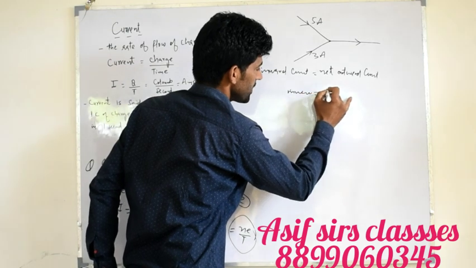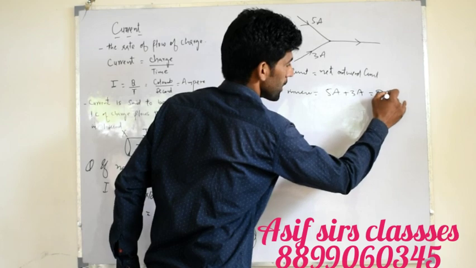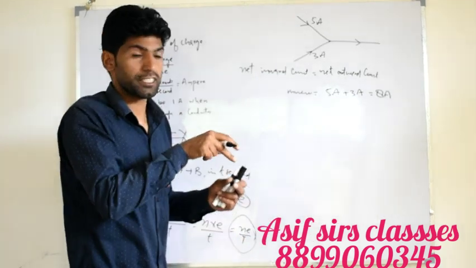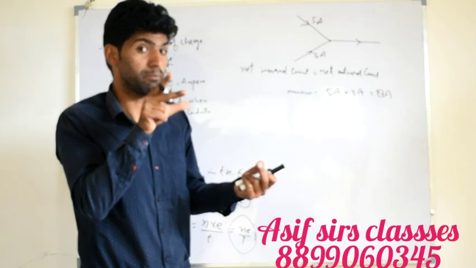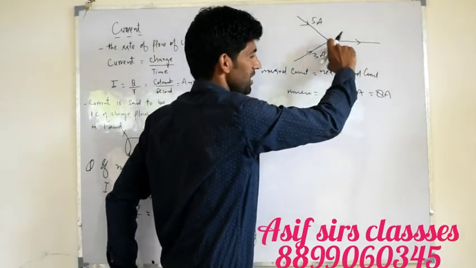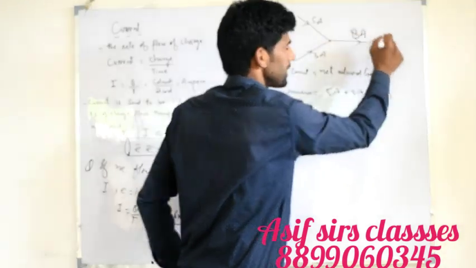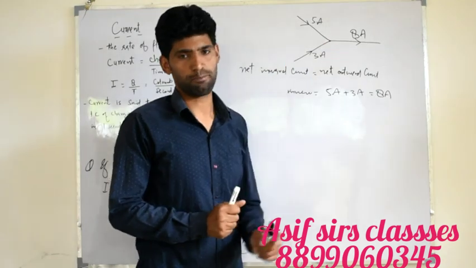Net inward current is equal to 5 ampere plus 3 ampere, that is equal to 8 ampere. And this net inward current is equal to net outward current. Outward current means the current leaving the junction. That means here current will be 8 ampere.